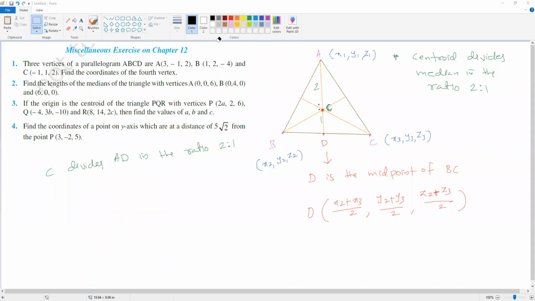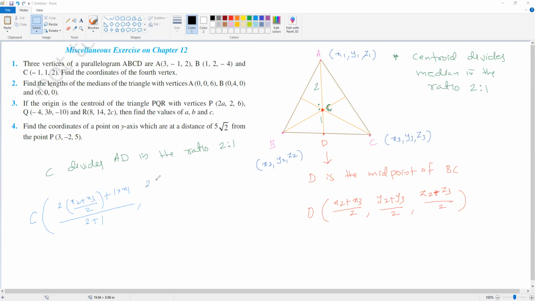Therefore the coordinates of G, you can use that formula. It is in the ratio 2 is to 1. So 2 into the x coordinate, that is x2 plus x3 by 2, plus 1 into x1, divided by 2 plus 1. That is the x coordinate, (mx2 plus nx1) divided by (m plus n).